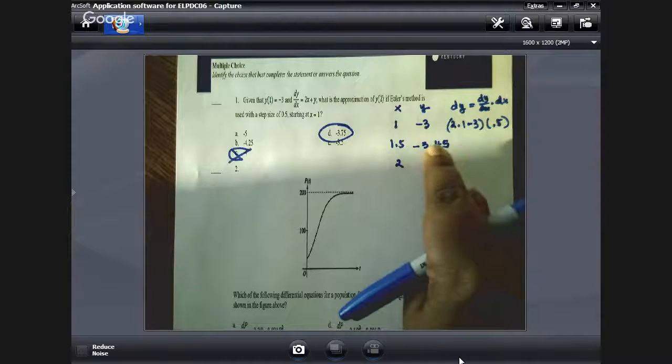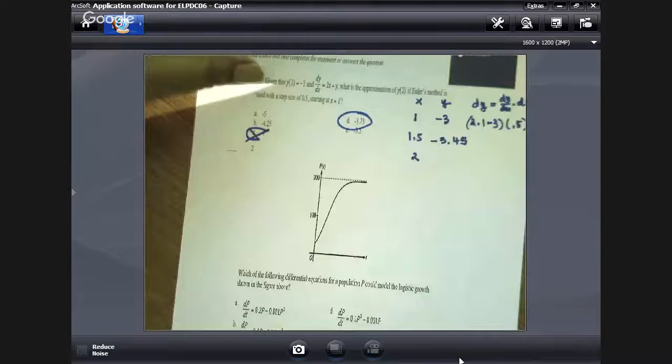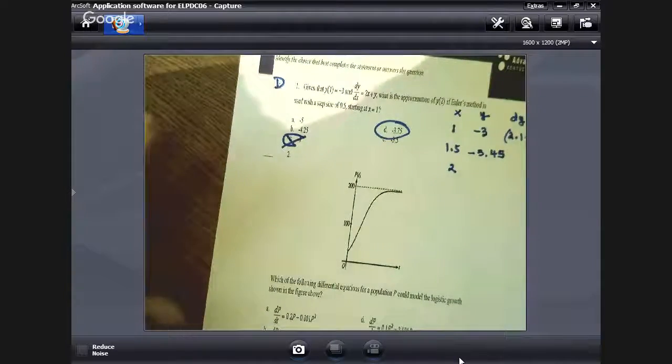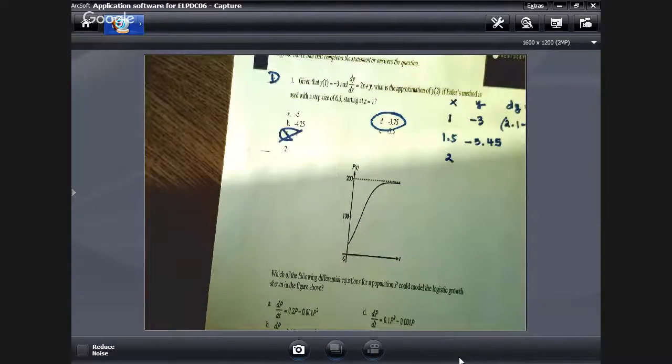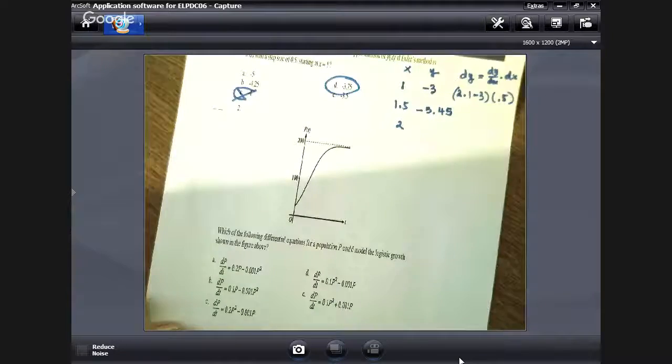And then I do the same step again to get the next y value. So number 1 is D. Really starting to feel like I should work that out, but I don't want to show you bad arithmetic, so I'm not going to go ahead and do that.